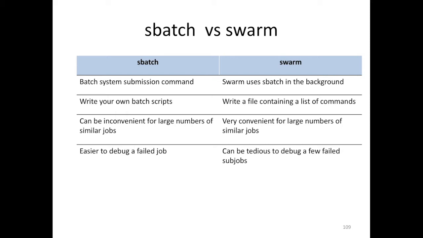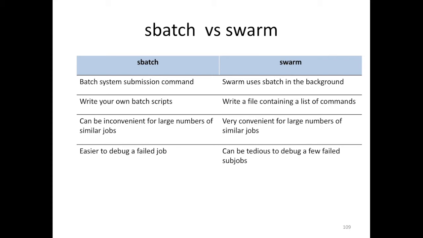Sbatch makes it relatively easy to debug a failed job. What that means is if a job fails, you know the job ID, you can immediately look up the job script that it corresponded to, and you can debug the problem.